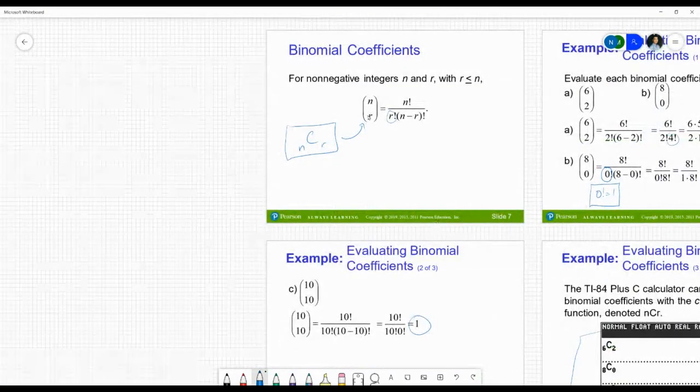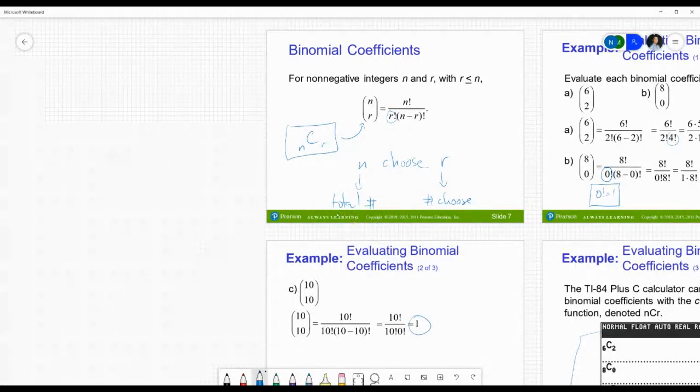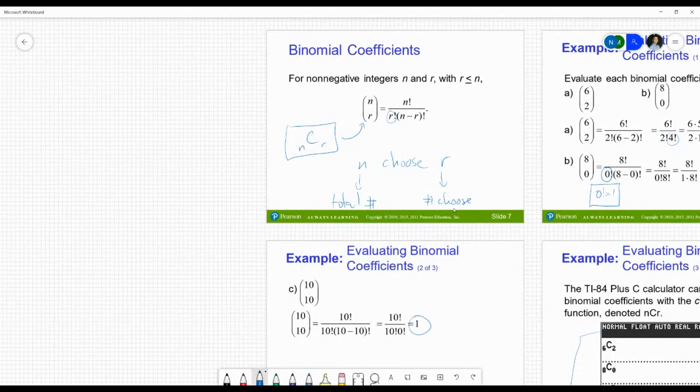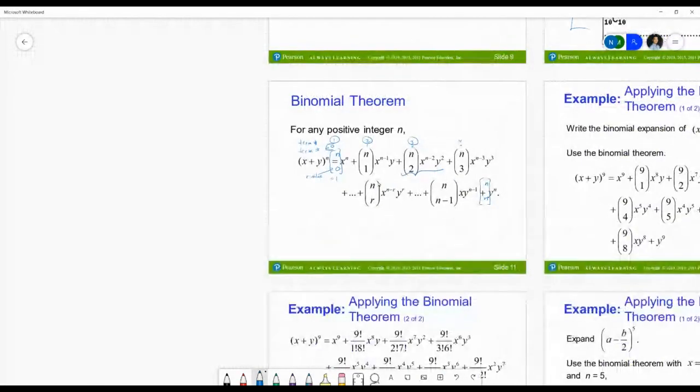This is R. Got it. N choose R. So the way we read this is N choose R. So N would be the total number of objects, and R is the number that you choose. Okay, I understand. So if you have like 10 employees and you want to choose 3 of them to be in a committee, the N would be 10 and the R would be 3. Got it. Okay.